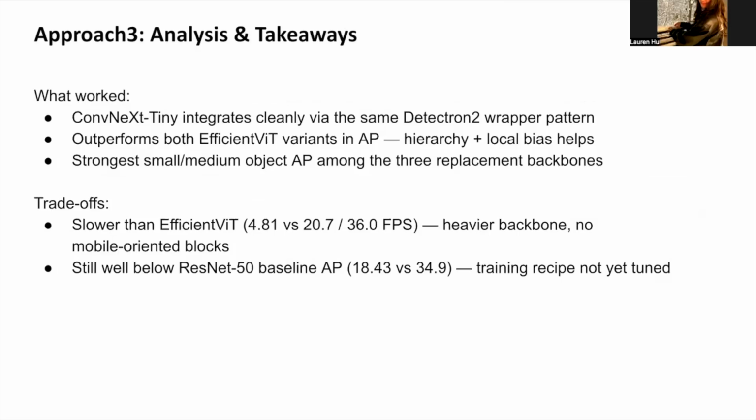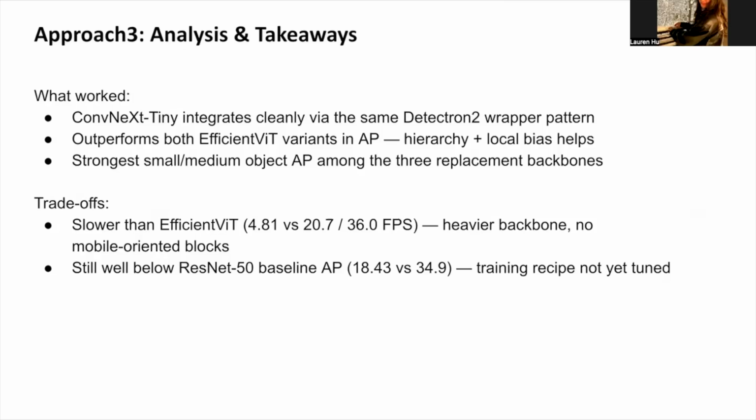Now moving on to our analysis and takeaways. To summarize, ConvNeXt Tiny integrates cleanly into FastInst with no changes to the pixel decoder or head, and it outperforms both efficient ViT variants in AP and is particularly strong on small and medium objects.